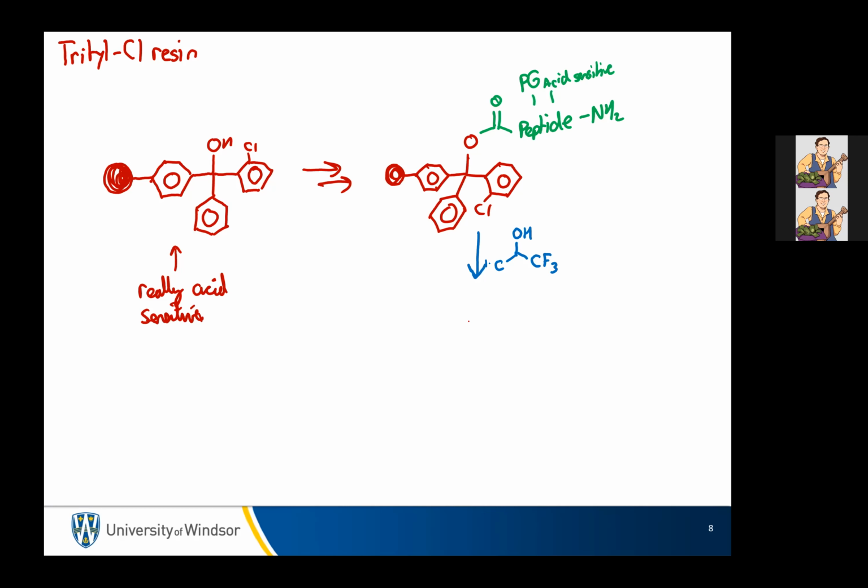So this isn't even a carboxylic acid. This is an alcohol, hexafluoroisopropanol, also known as HFIP, which is a great acronym. 4-to-1 HFIP to dichloromethane. Sorry, dichloromethane, not water.